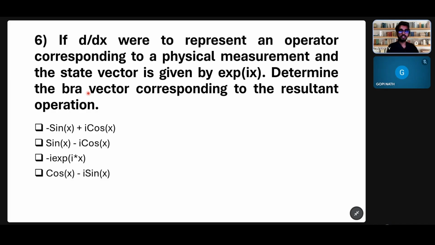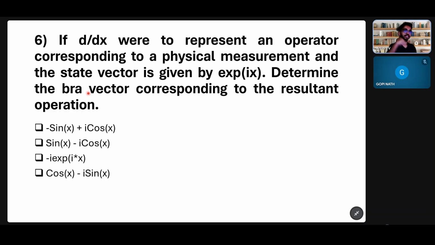So the sixth question. If d by dx were to represent an operator corresponding to a physical measurement and the state vector is given by exponential of ix, determine the bra vector corresponding to the resultant operation. The ket vector is given by exponential of ix, which can be expanded into cos x plus i sin x as well. I think this is an MSQ.